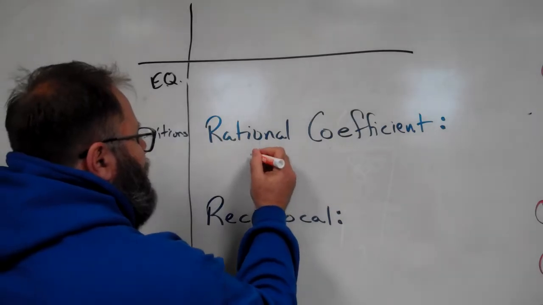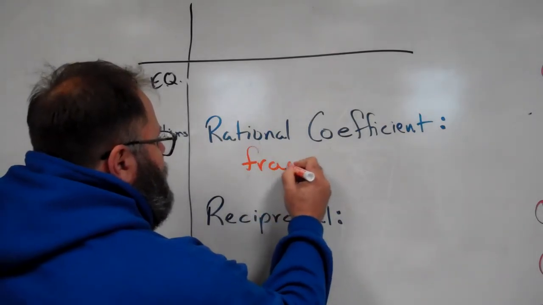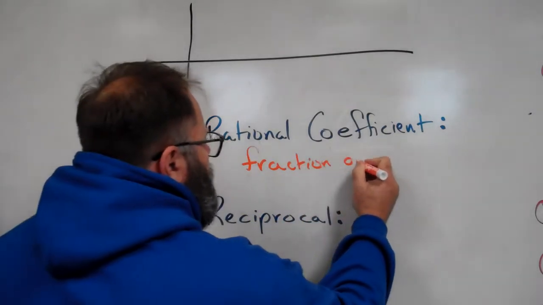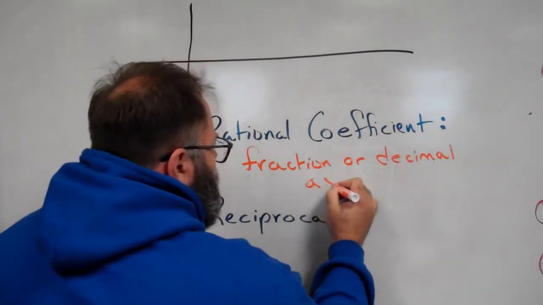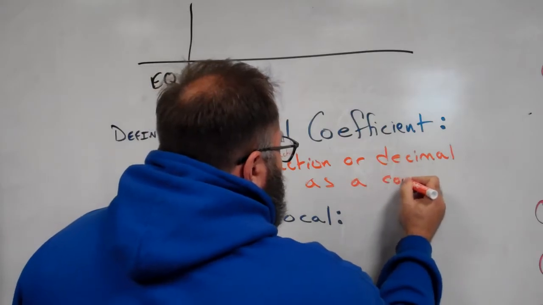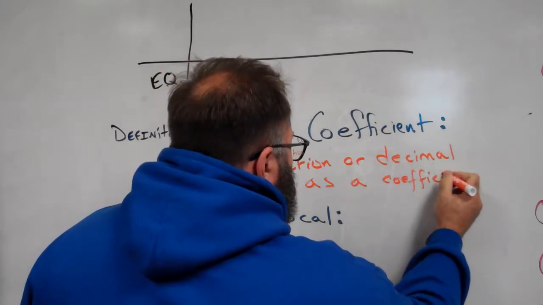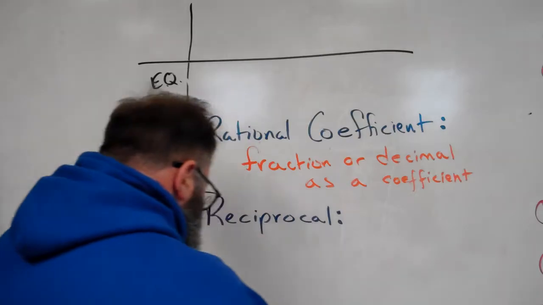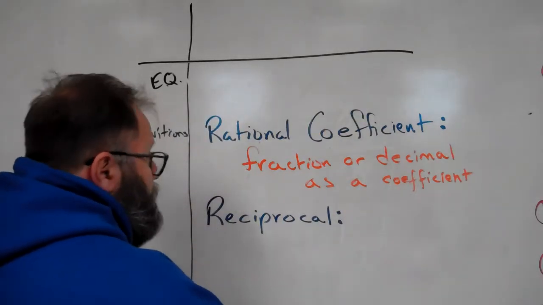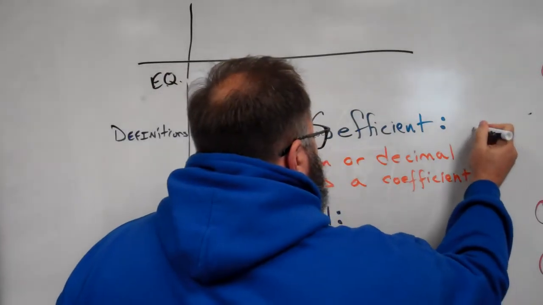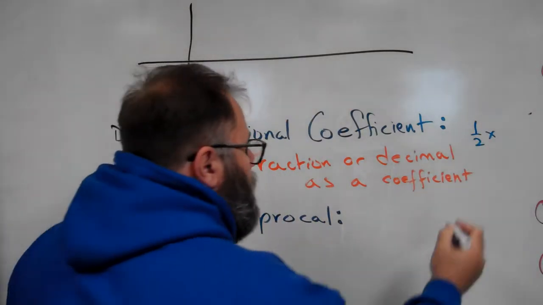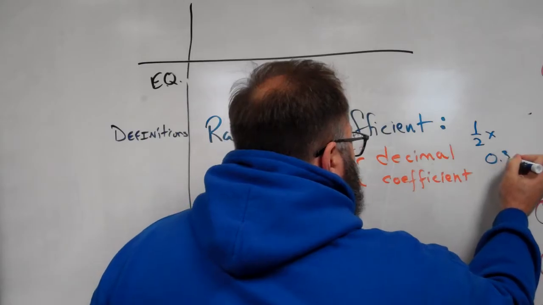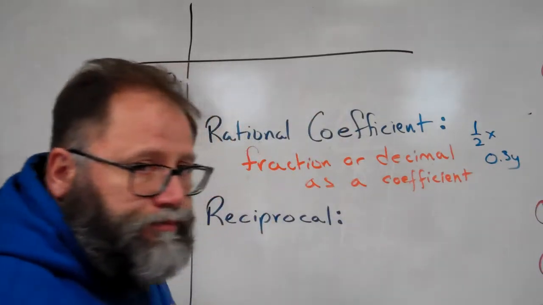That's when we have a fraction or decimal as a coefficient. And what that can look like is like 1/2 x or 0.3 y.